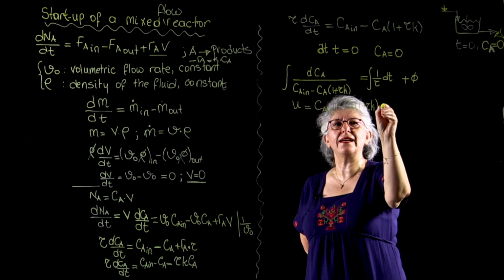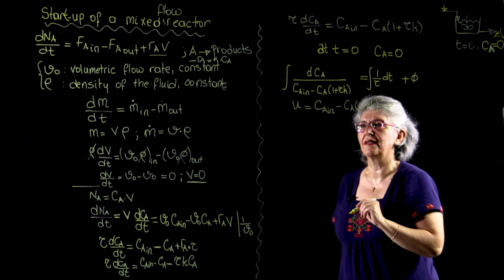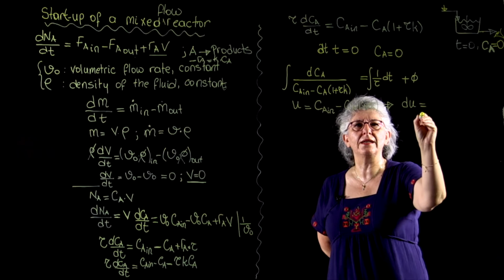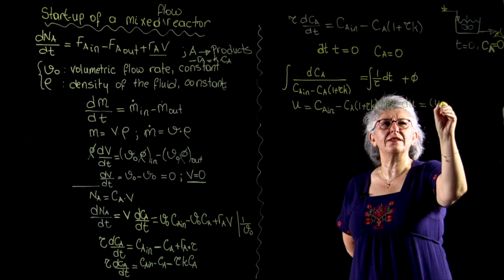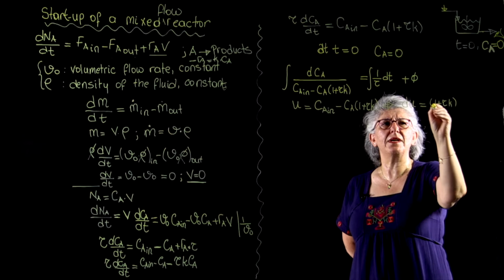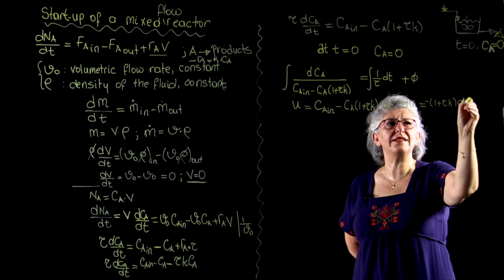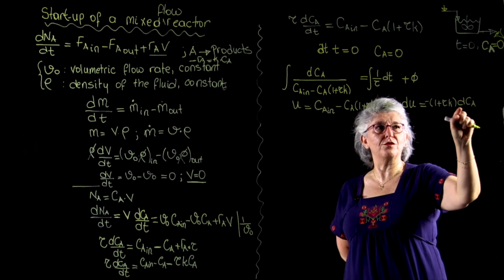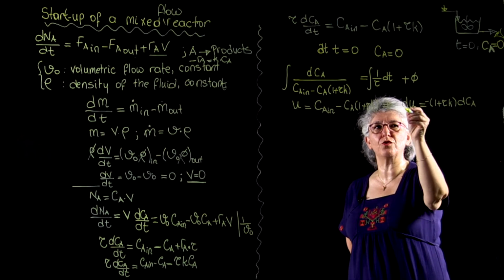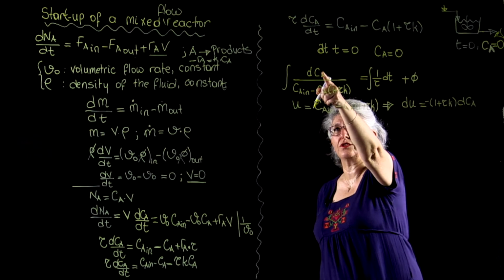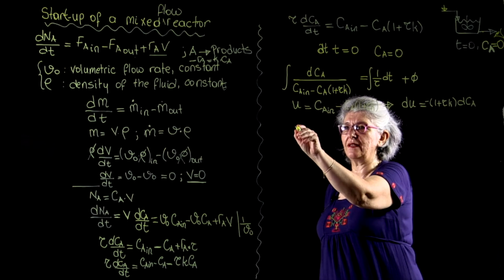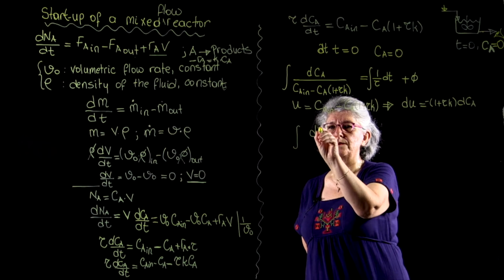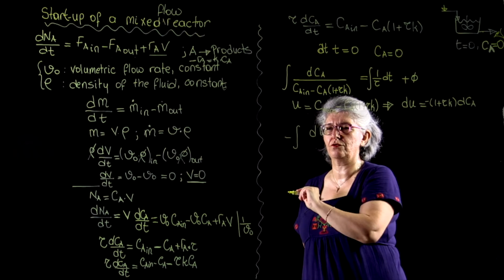As a result, if I take the derivative of u, this should be 1 plus tau k with a minus in front, dCa. So I'm going to take dCa in terms of du and substitute here to obtain the integral of du with a minus in front.